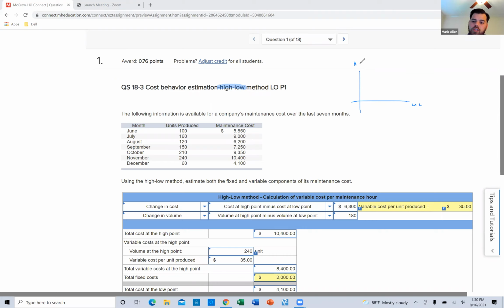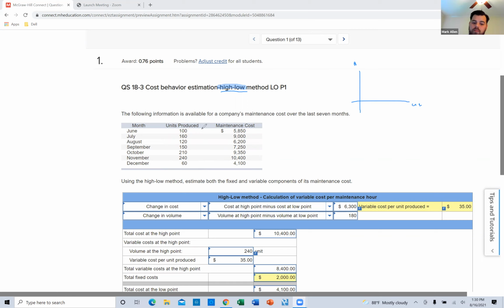There's some type of relationship between the amount of money that we spend and the amount of units that we are actually producing. So when we're using the high-low method, the high point and the low point are determined based on the activity level, not the cost, right?